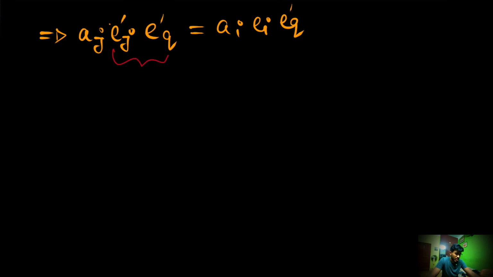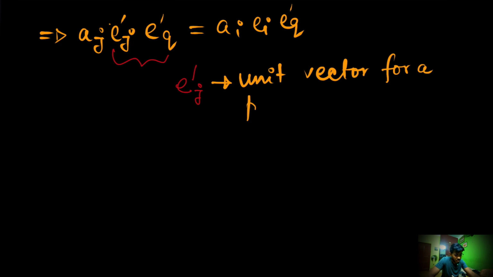So essentially, what is ej dash? This is the unit vector for a particular coordinate system, right?